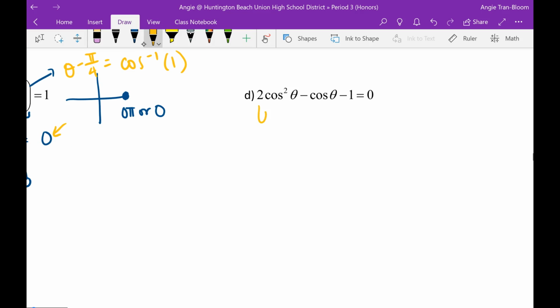Some of you do better if you use x, so let x be cosine of theta, okay? And that's okay, you go like this, 2x squared minus x minus 1 equals 0. Work with that, and then some of you can just factor straight up. Okay, take a second to factor that for me.